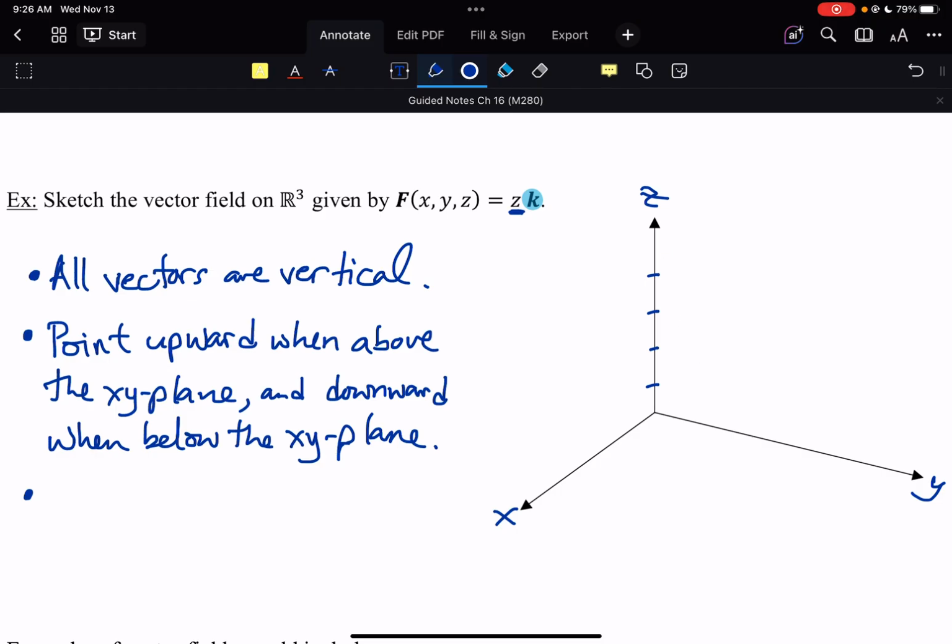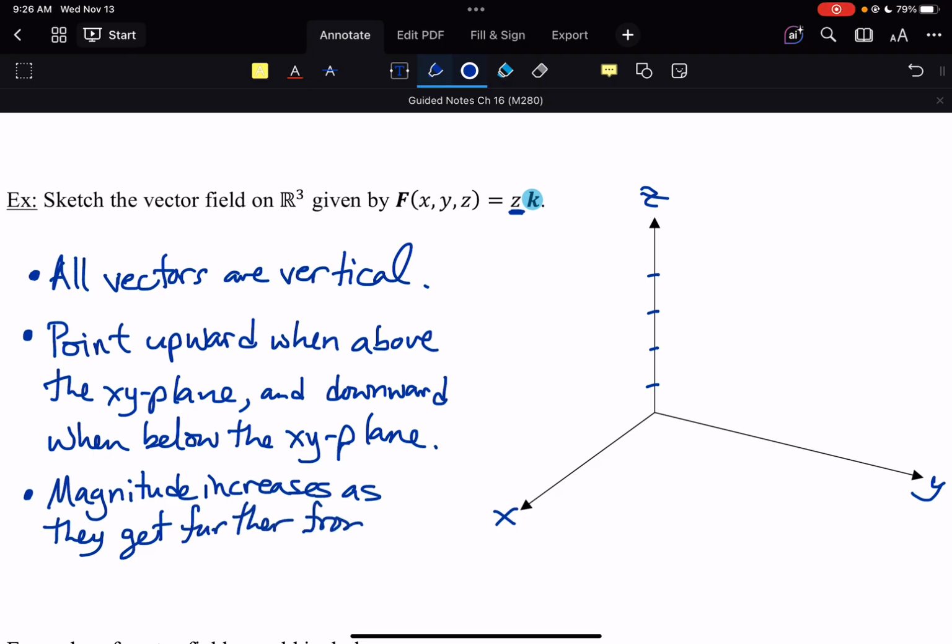If z is 4, it gets longer. And on the flip side, when we go into the negatives, if z is -1, then -2, -3, -4, the vector points down, but it still gets longer. So we can say magnitude increases as they get further from the xy plane.